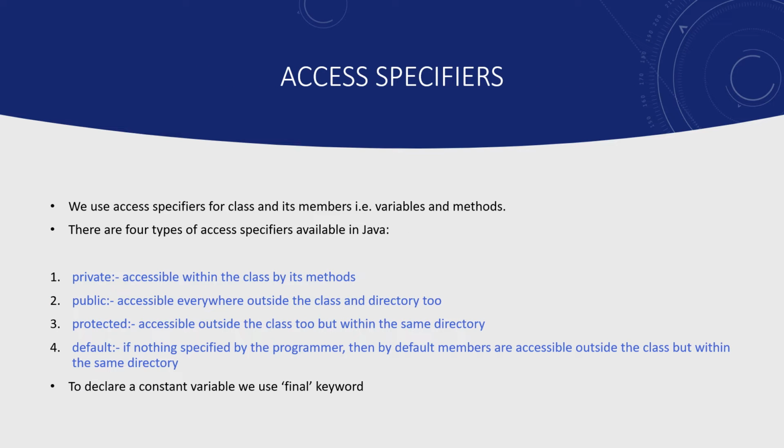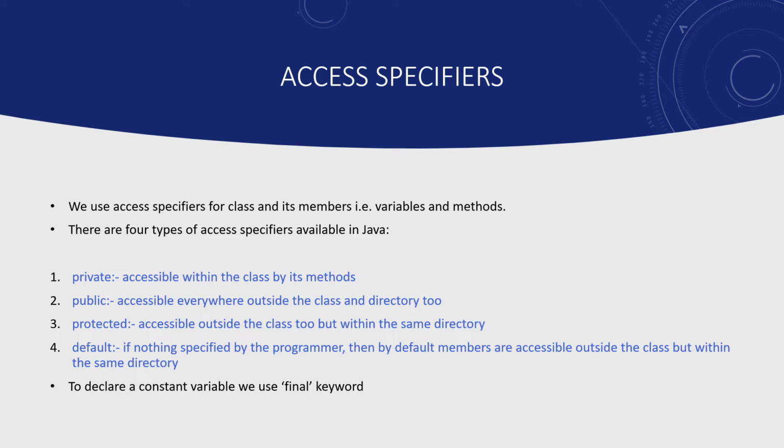Now we move to access specifiers. We use access specifiers for a class and its members. Members are the variables and methods of a class. There are four types of access specifiers available in Java. First is private.